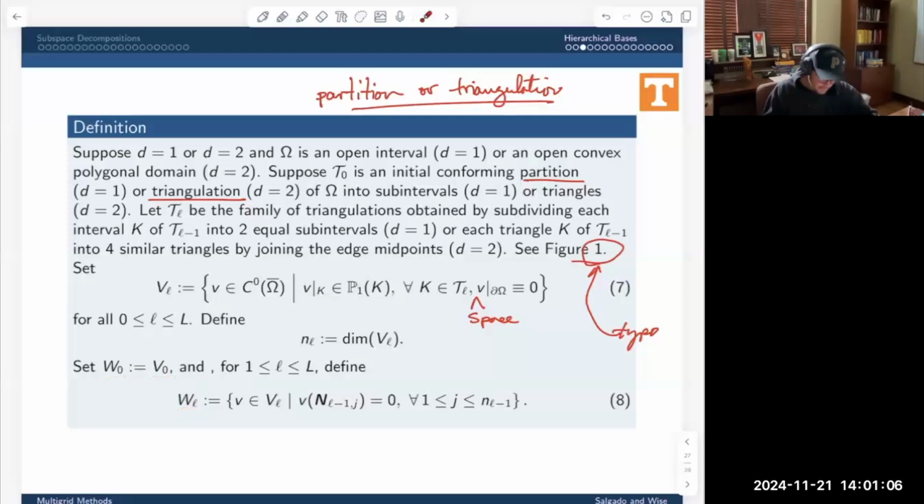If I'm all the way at the base triangulation, at L equals 0, I'm just going to define W0 to be V0. This is defined for all possible L's, from L equals 0 all the way up to capital L. On level 0, I'm going to set W0 to be equal to V0.